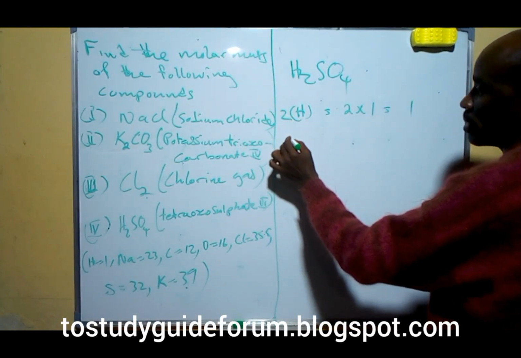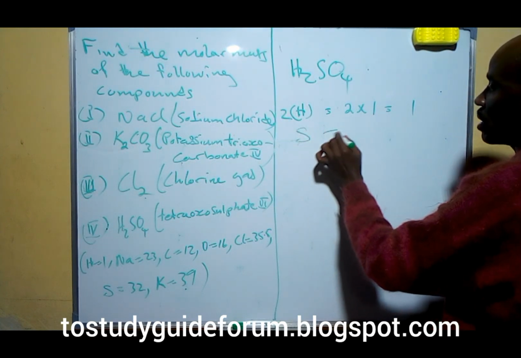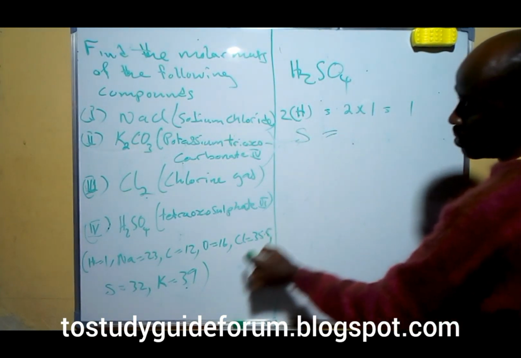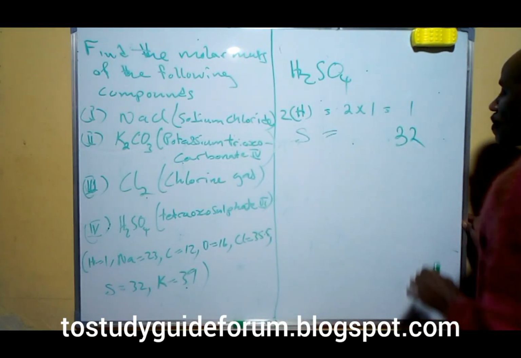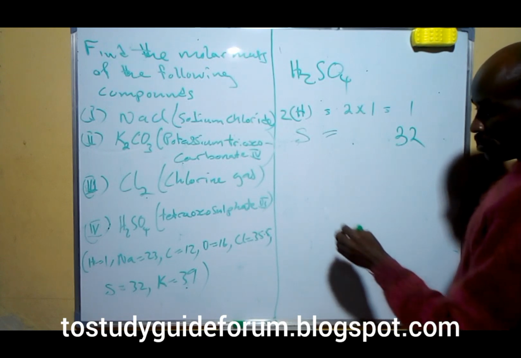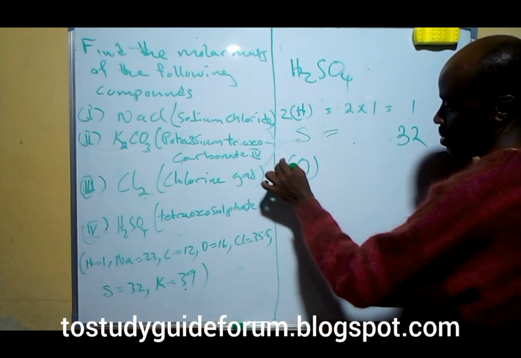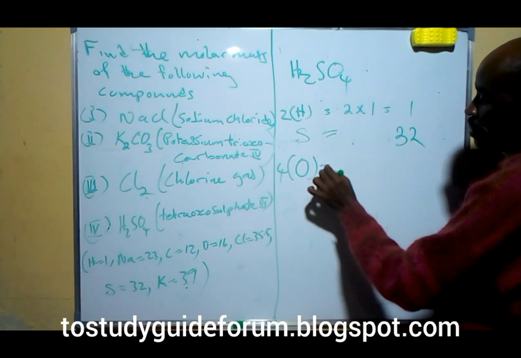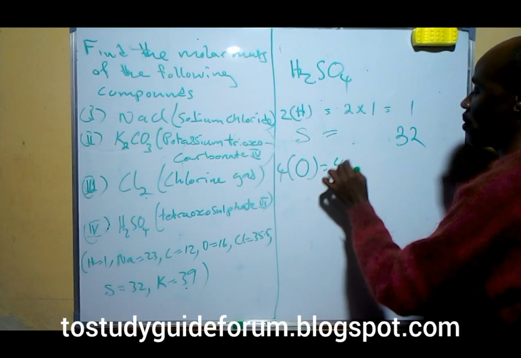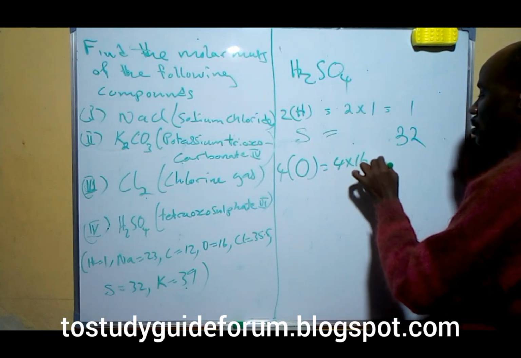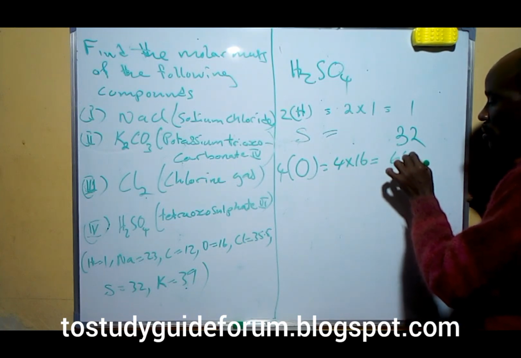Then we'll come down again, we'll have only 1 sulfur. Sulfur is 32. And oxygen is 16, we have 4 times 16. That will give us 64.